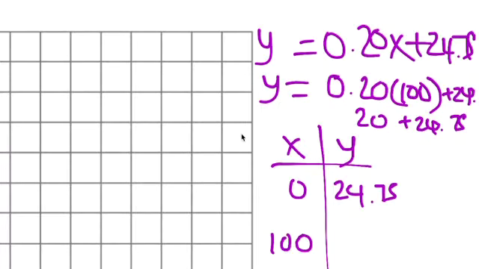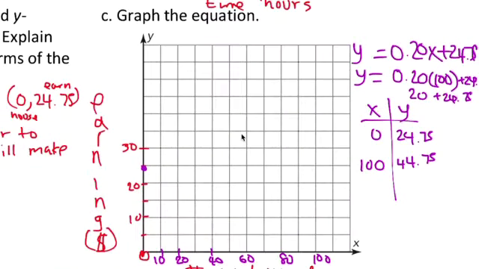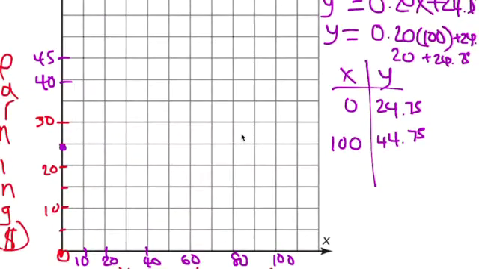So y is $44.75. So this is 30, this is 40, and that's 45, right? So that's close to $45.